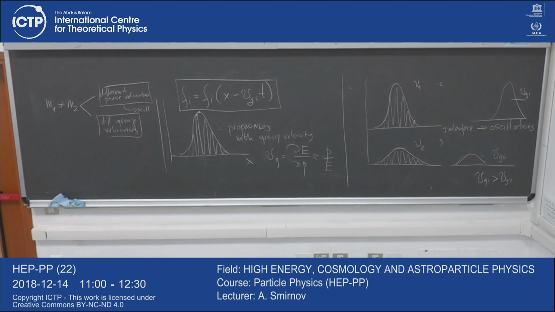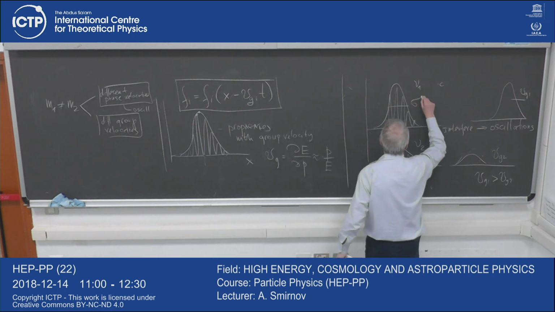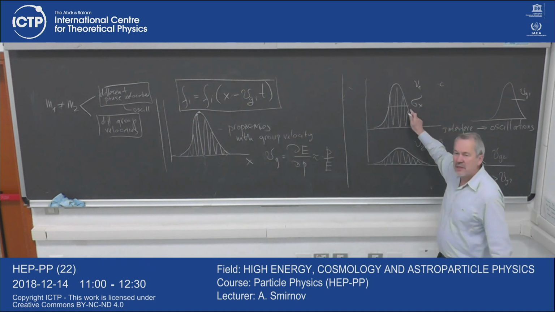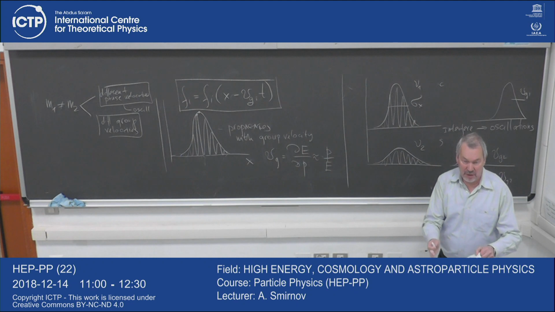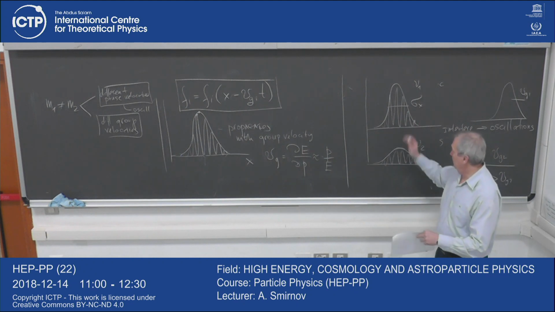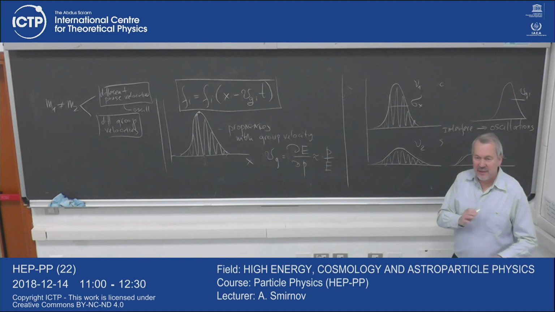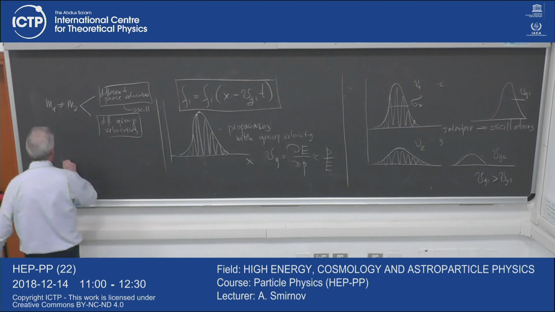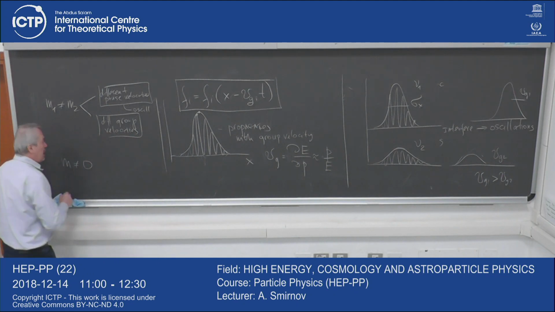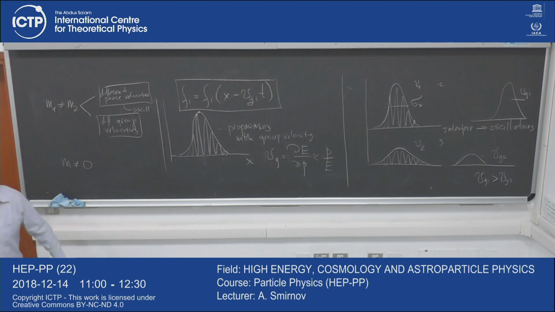Do the widths of the wave packets stay the same all the time? Now, the width of the wave packet, okay, good. Let me denote this sigma x. Actually, this is determined by the process in which you are producing the wave packet, by the conditions of production. This is determined by the energy and space uncertainties of the production process. Also, due to propagation and due to non-zero neutrino mass, there will be a spread of the wave packets.